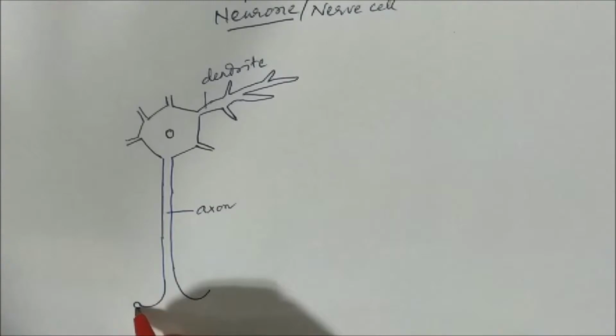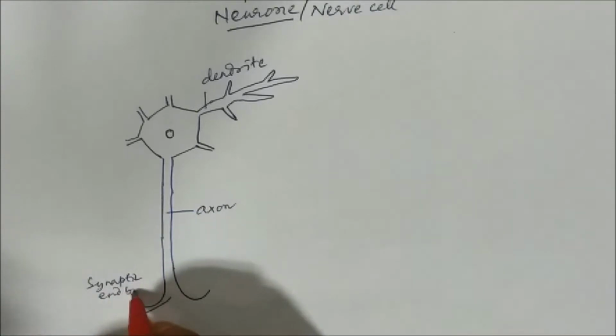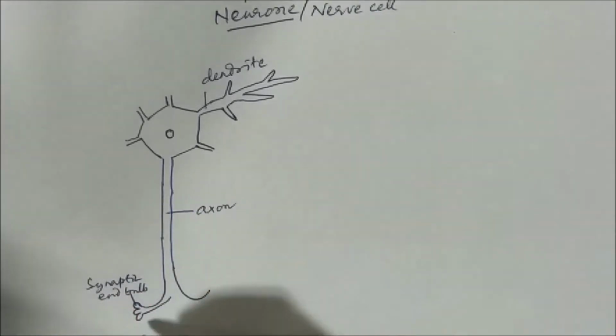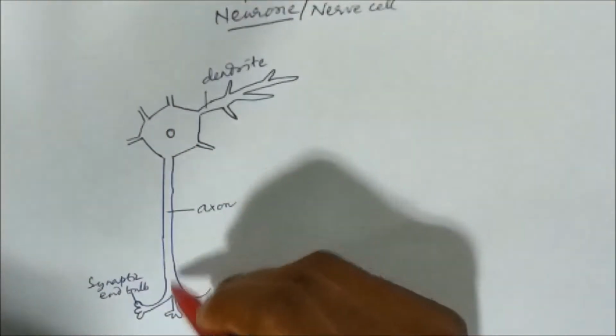At the end of these axon terminals we have the synaptic end bulb. So in a neuron, a cell body is there, then the axon and axon terminals.